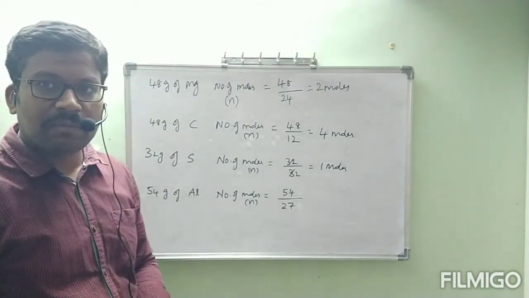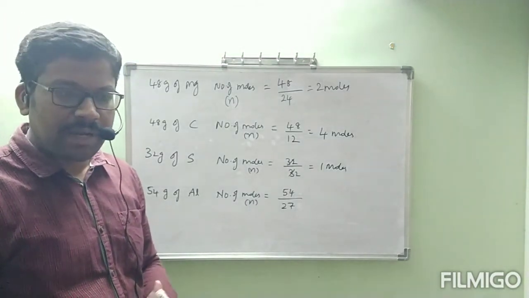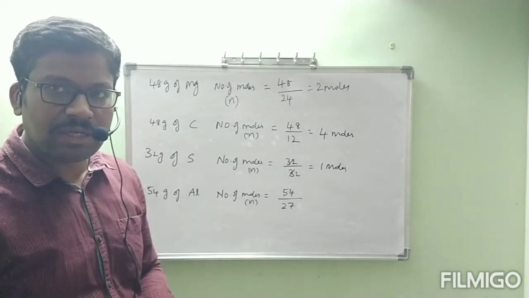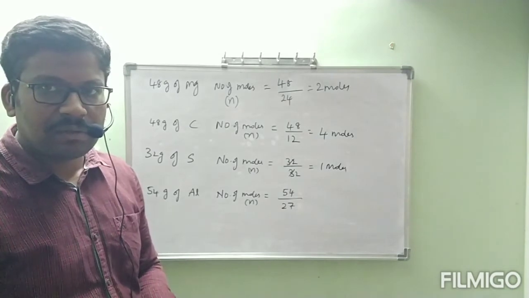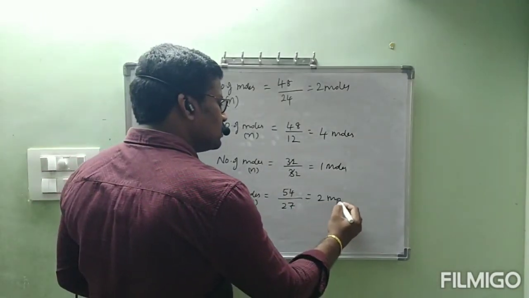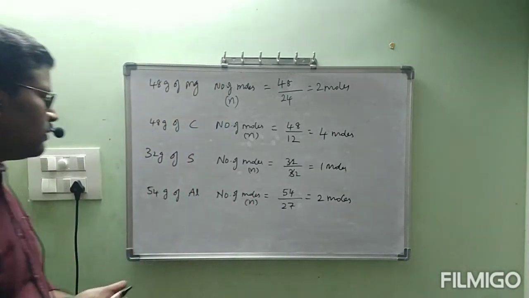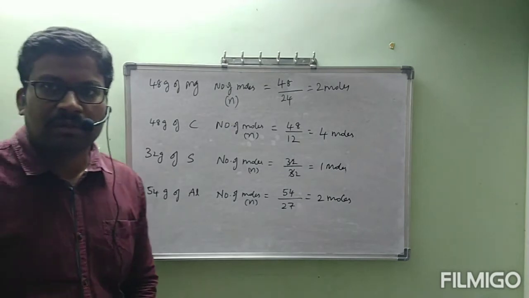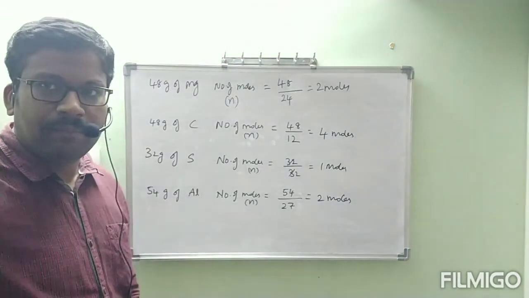Even if you don't remember, you can just go through it, no problem. Once or twice if you do that, you will get habituated and you will remember it permanently. 54 by 27 cancels to 2. So how many moles of aluminium are present in 54 grams of aluminium? That is 2 moles.